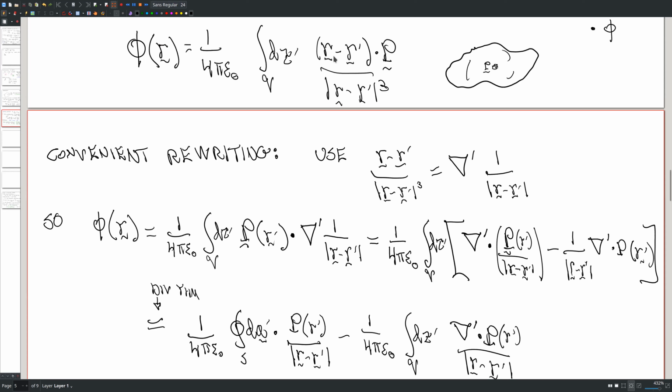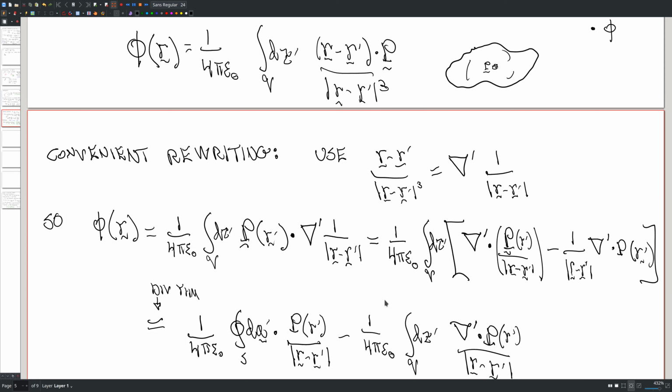First, I rewrite this r over r cubed as, again, the gradient of a scalar. So this r over r cubed is just the gradient with respect to the prime coordinate of 1 over this distance, r minus r prime, exactly like we did last time. And I just plug that into my expression for the potential here. Now I do a partial integration using the result of applying the divergence on the product of a scalar and a vector function.